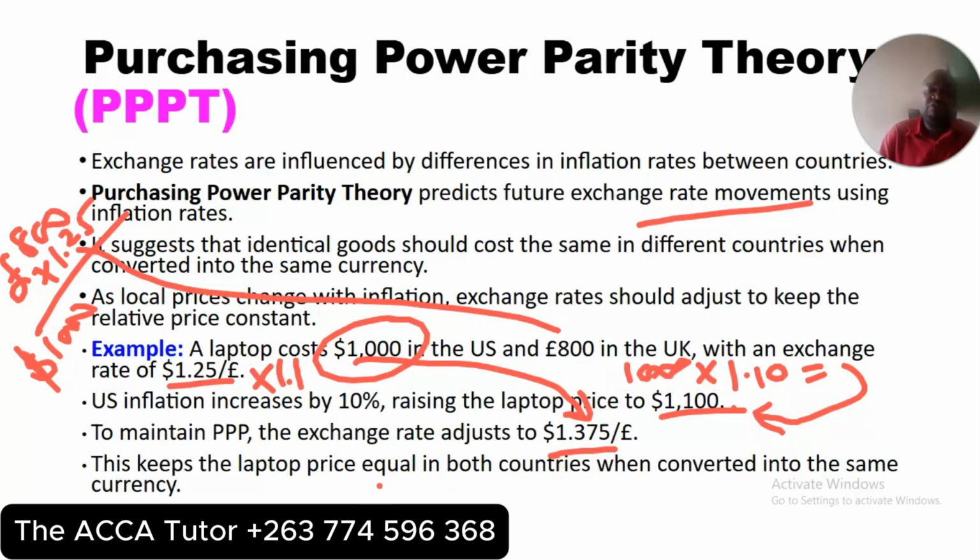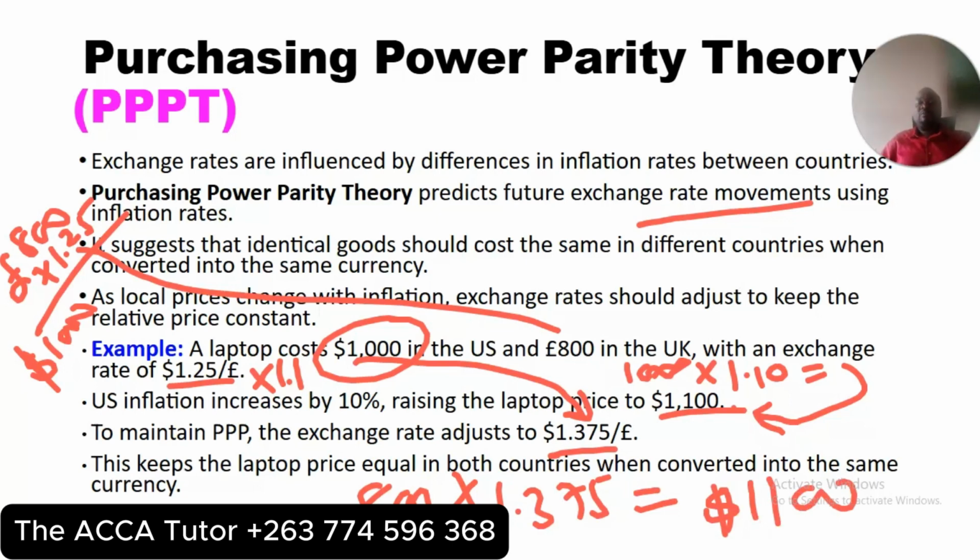If I then use that rate, 1.375 is going to give me 1,100, which is enough to buy a laptop. So the purchasing power parity theory keeps the laptop price equal in both countries when converted into the same currency. Are we together, ladies and gentlemen? If you convert the 800 pounds into US dollars, we are going to arrive at the price enough to buy a laptop.